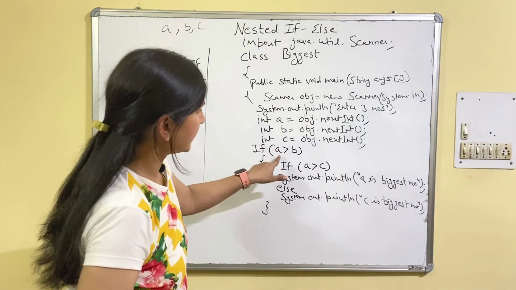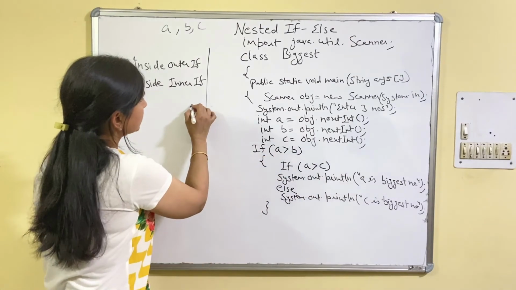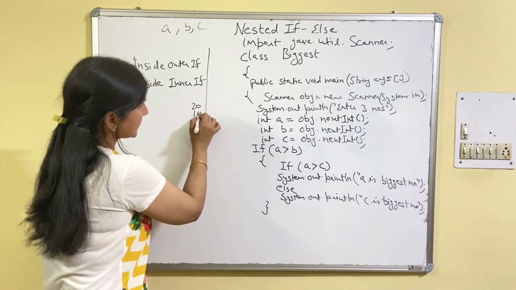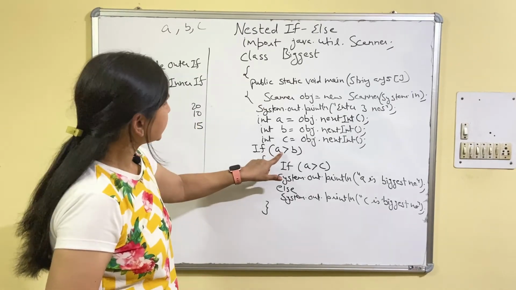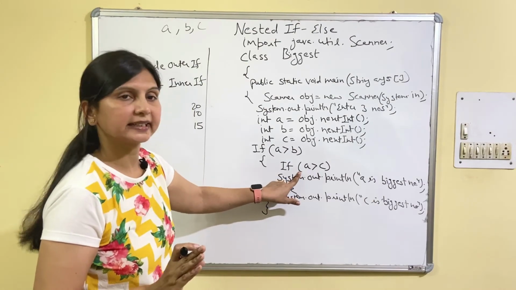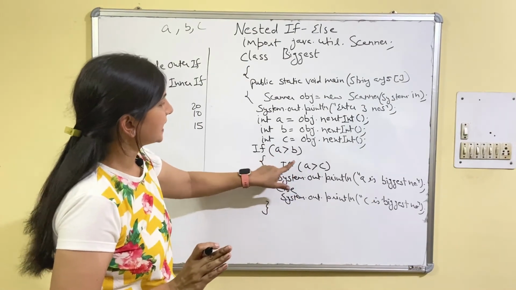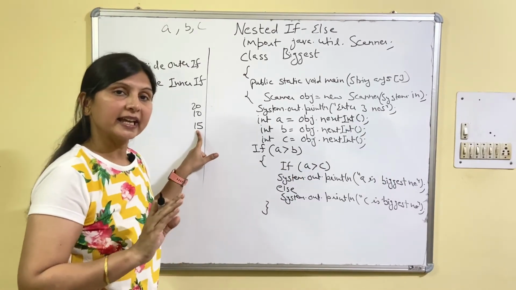This is the case when a is greater than b. Suppose a is 20, b is 10 and c is 15. So 20 greater than 10, condition true, then it will enter inside. Now it will check 20 greater than 15 है या नहीं.